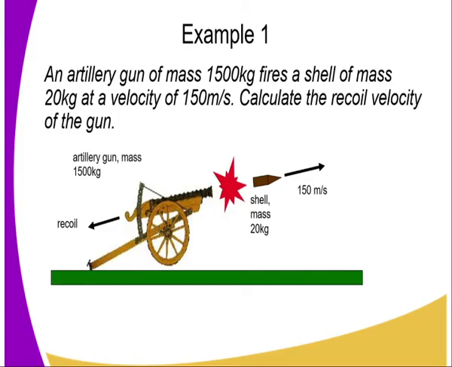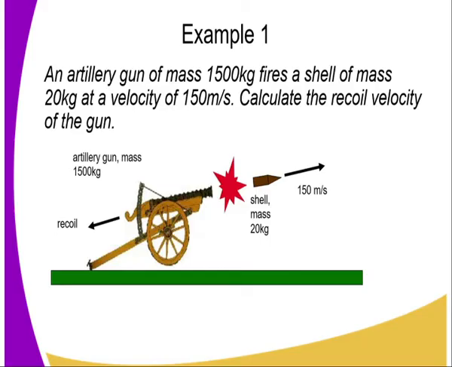So let's take an example. In this case, an artillery gun has a mass of 1,500 kilogram, and it fires a shell of mass 20 kg at a velocity of 150 meters per second. We are required to determine what we call the recoil velocity.